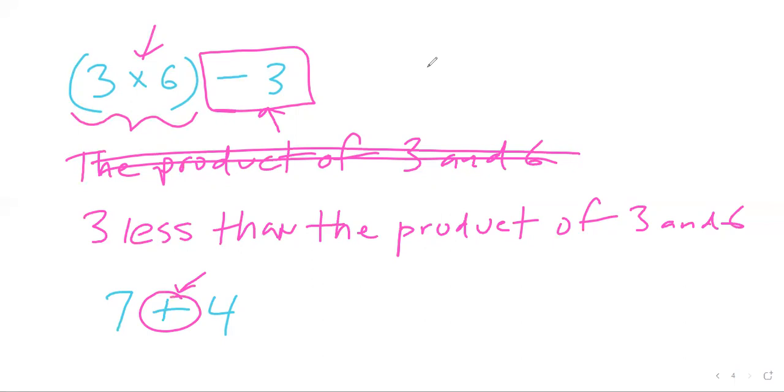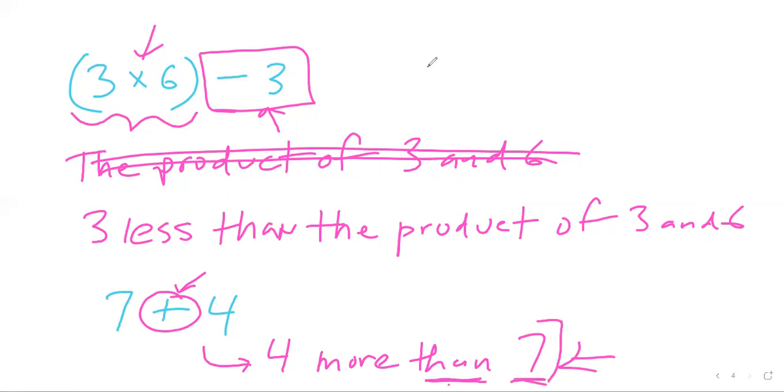And I'm just going to say here then, this is 4 more than 7. This is typically the one they try to do to be tricky. 7 plus 4 can be written as 4 more than 7. Because again, remember, the then and the number at the end is usually where you start, because you're doing the math to that number, if that makes sense. Which if it doesn't, that's fine. That's why we keep practicing.